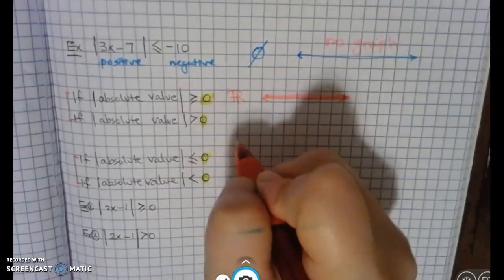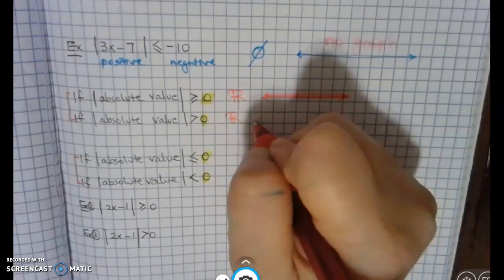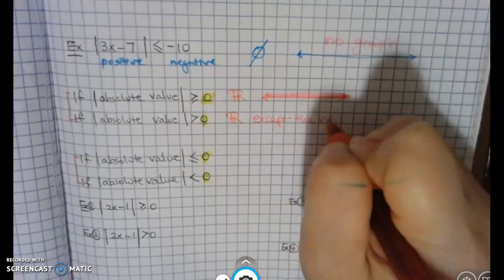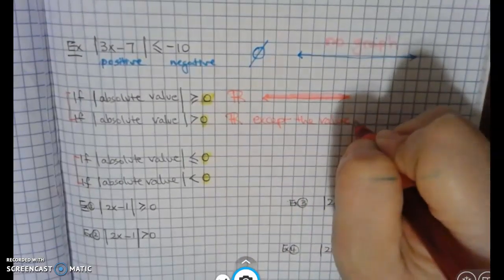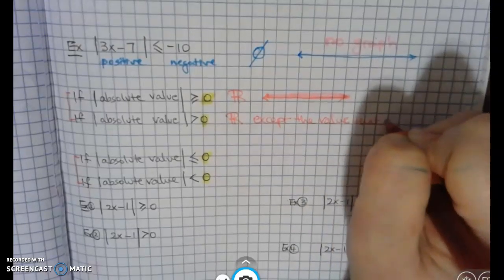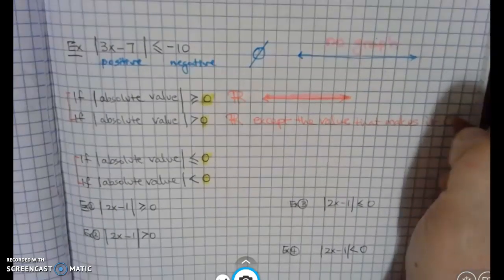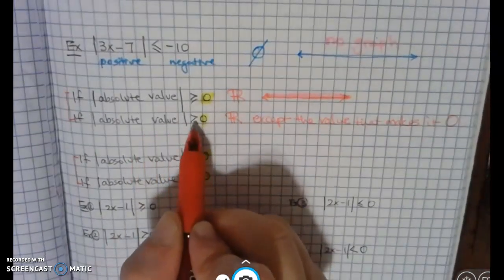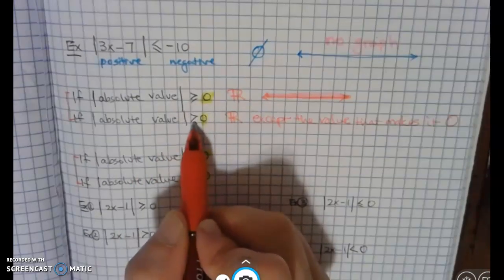So the solution is all real numbers except the value that makes the expression 0. Because we don't have the equal sign, we can't have it be 0.